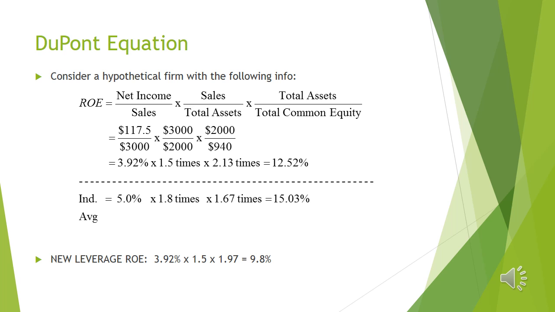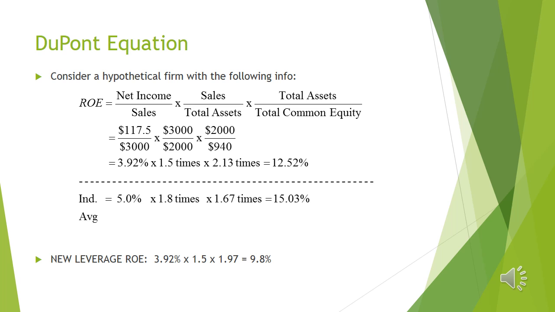Now let's just say hypothetically that it reduces its debt to the industry average, and we'll assume it has a restructuring and brings its equity multiplier to 1.67, which is the industry average.